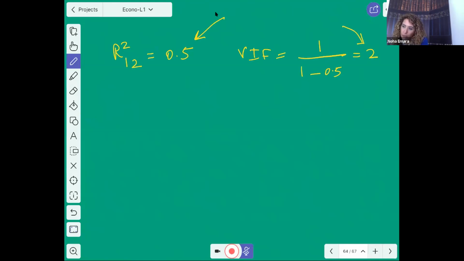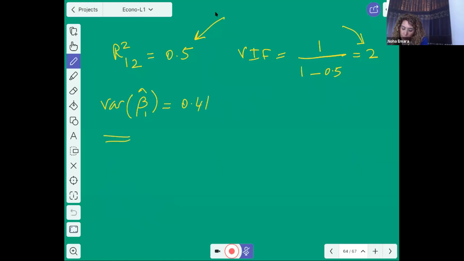So if I have information about the variance of, suppose that, I'm just making up a number, okay? Suppose that the variance of beta hat 1, which is x1, is equal to 0.41.